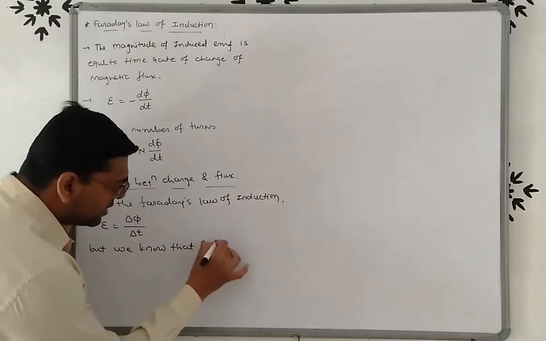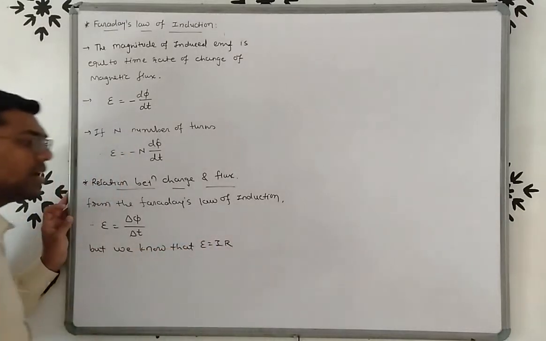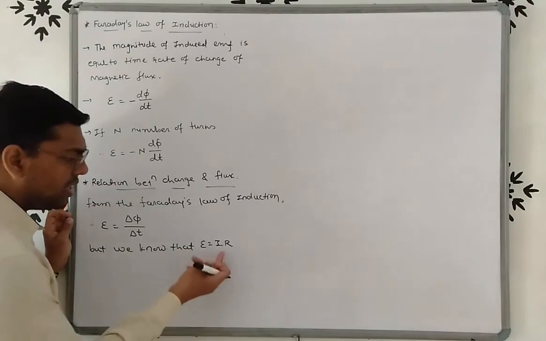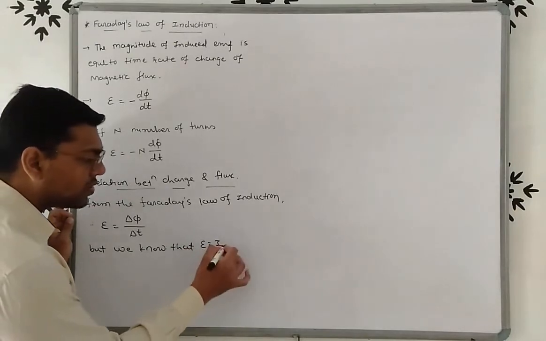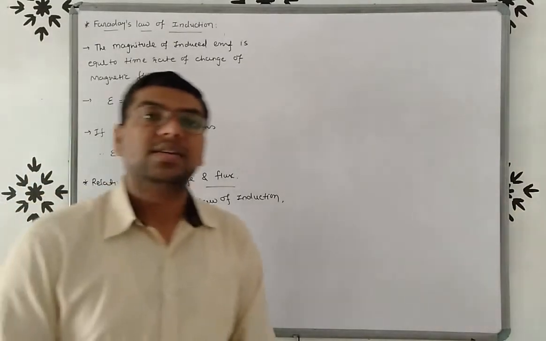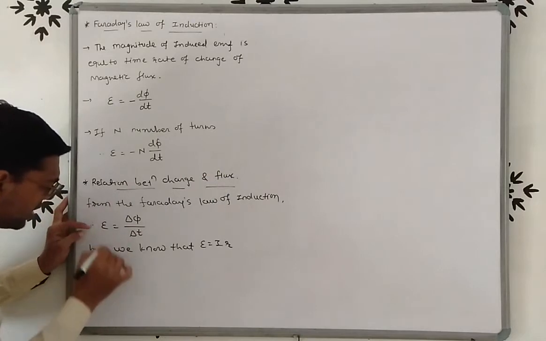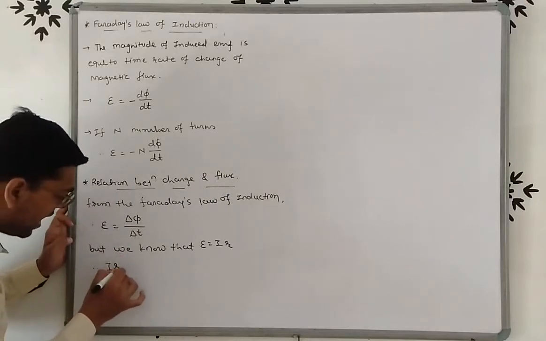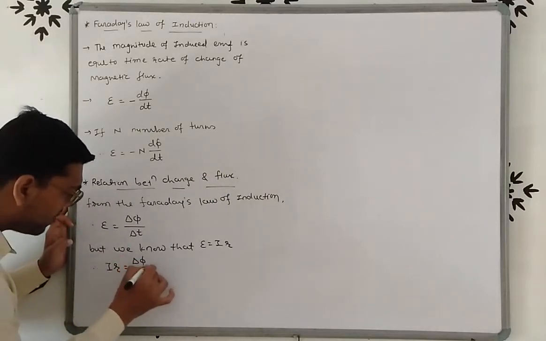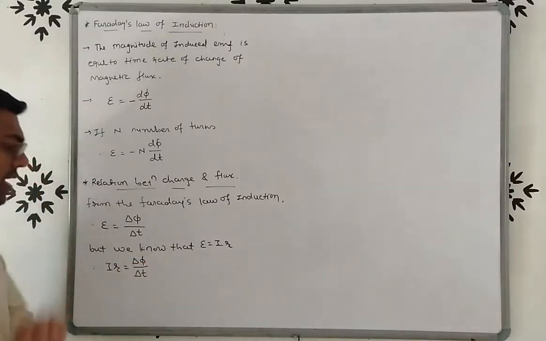Here you can write capital R or small r as you wish. So instead of E, we can write IR equals delta phi by delta t.